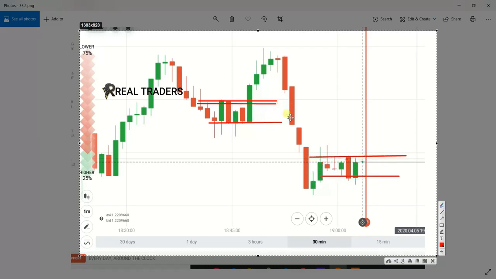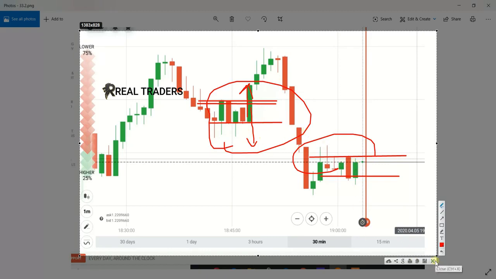Trading in the consolidation area is very risky, so you must just wait for the market to break the consolidation area, because it may stay in the consolidation area for 20 minutes or more. So you must wait for a breakout, and when you see a breakout, you can trade. Breakout in any direction: breakout up, you can go with the trend again, and breakout down. So you must wait for a breakout.